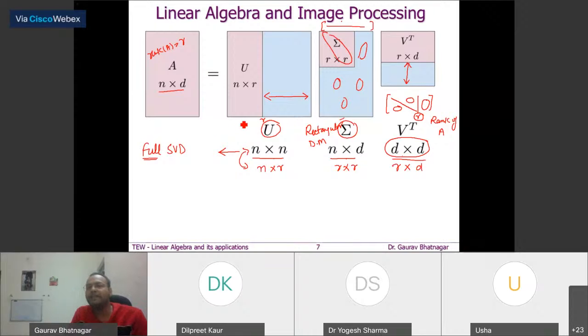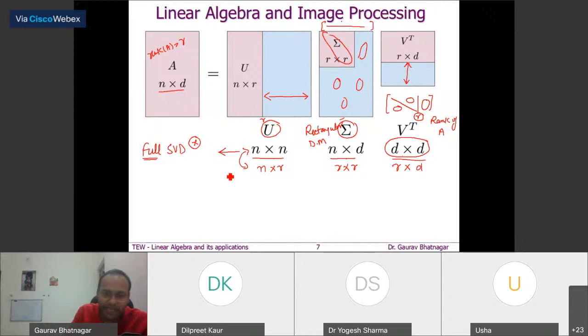So then the scientists, or mathematicians here, thought: okay, the whole purpose of the factorization is to reduce the computing load as well as the storage requirement. But these two purposes are not served by this particular factorization. So full SVD is going to have very limited usage in diverse applications.